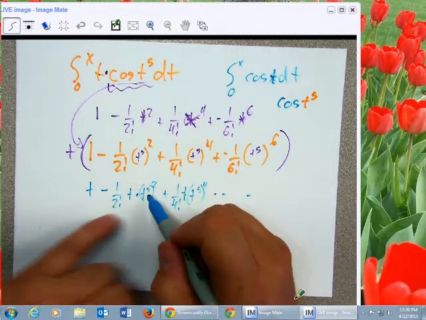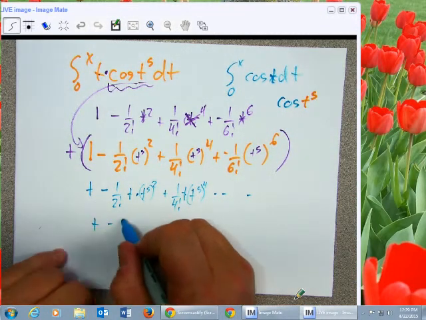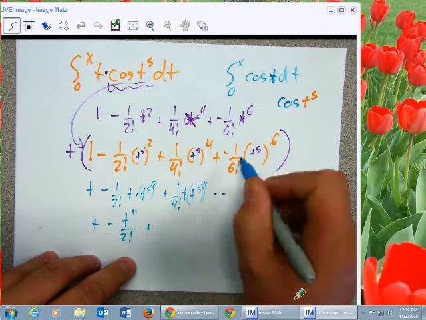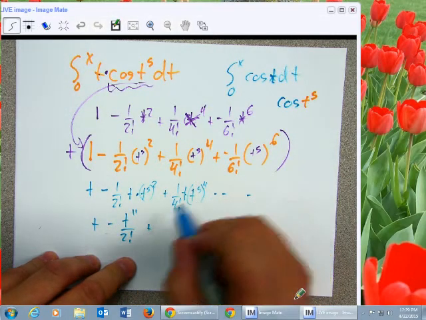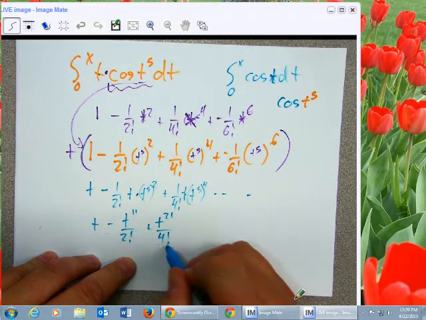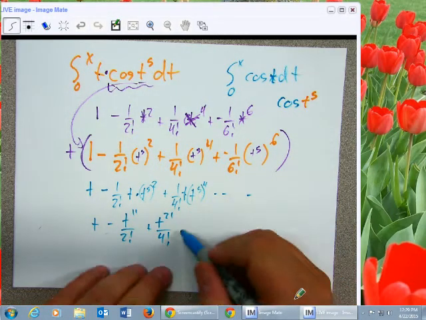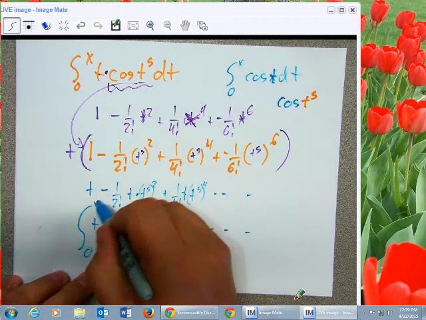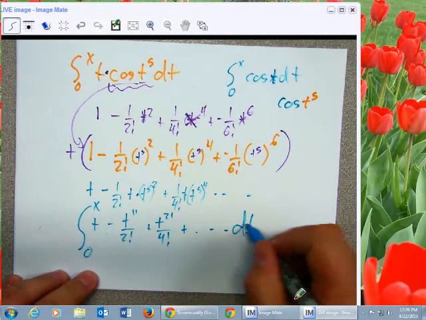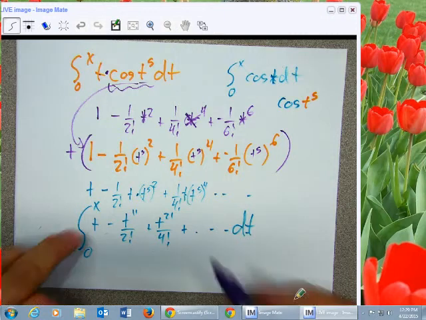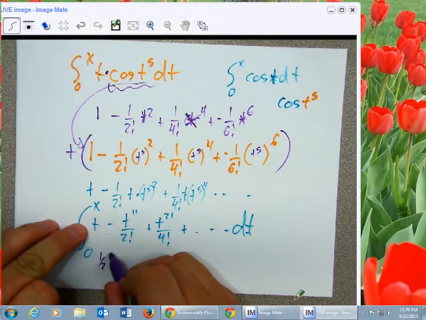So in this case, we had t to the 10th. So now we have t minus t to the 11th over 2 factorial plus, that would be t to the 20th, so one more, t to the 21st over 4 factorial, and so on and so forth. And at this point, integrating from 0 to x dt is no challenge whatsoever because the integration of t is, of course, 1/2 t squared.